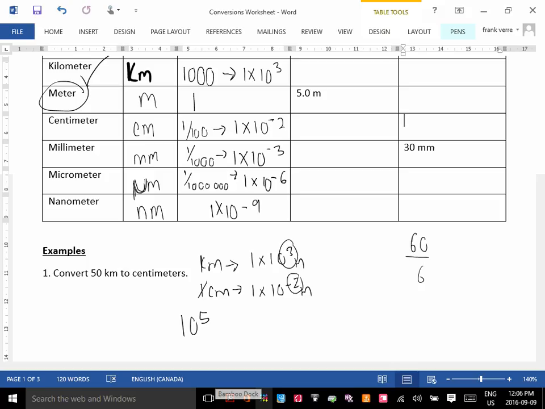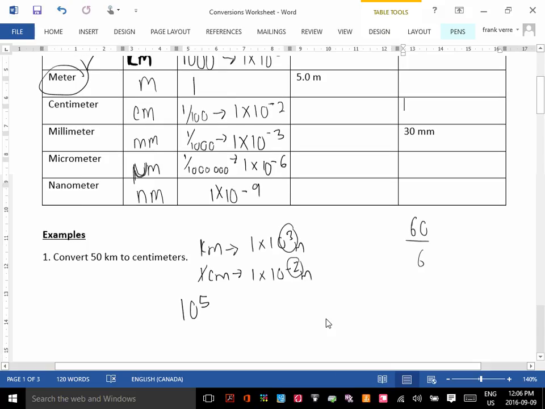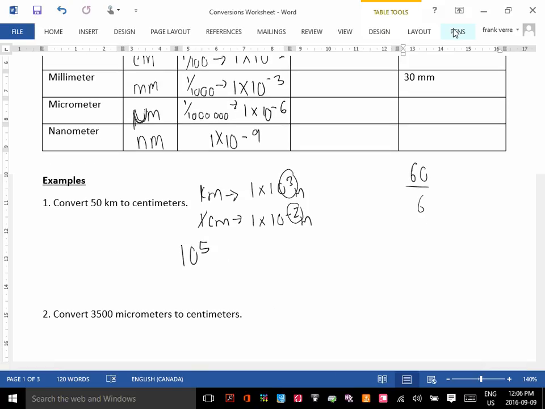So let's convert 50 kilometers into centimeters, okay? So 50 kilometers, right? Now, which unit do we want to get rid of? What do we want our answer to be in? We want it in centimeters. So we're going to put kilometers in the denominator, because that means it's going to cancel out.